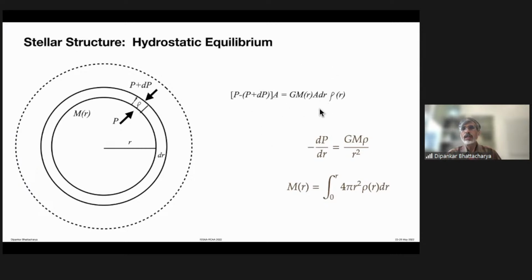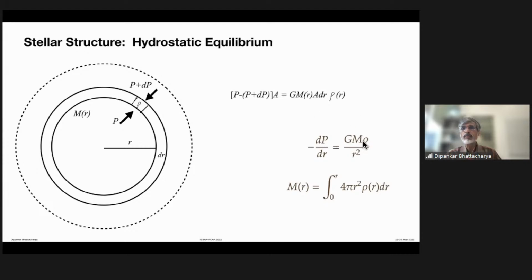So we can now cancel common things from either side. P cancels, and then we can rewrite this as minus dP over dr is, I forgot 1 over r squared here. So this is M1 is M, M2, which is A dr rho of r, divided by r squared, is the force.